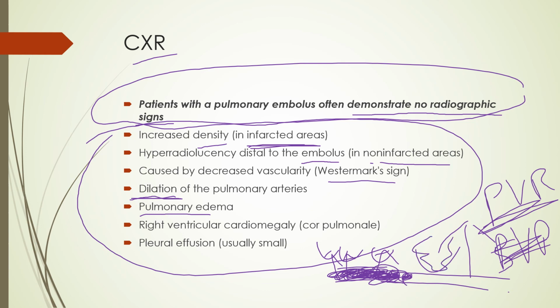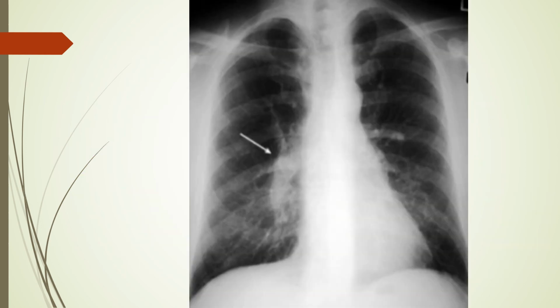So when we're looking at right ventricular cardiomegaly or cor pulmonale on the x-ray, that's a lot of that back pressure pushing against that right ventricle, so the right ventricle is going to get bigger. Pleural effusions can happen with this. Usually they're pretty small. This is because, remember, we have an increase of the right-sided heart pressure, so that's going to put a lot of pressure on the lymphatic tissue and everything, and they could get a small pleural effusion with it. All right, here is a chest x-ray.